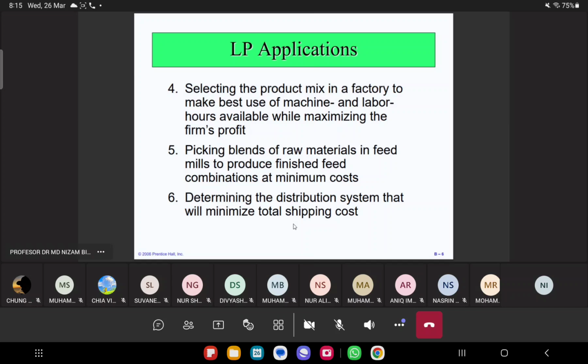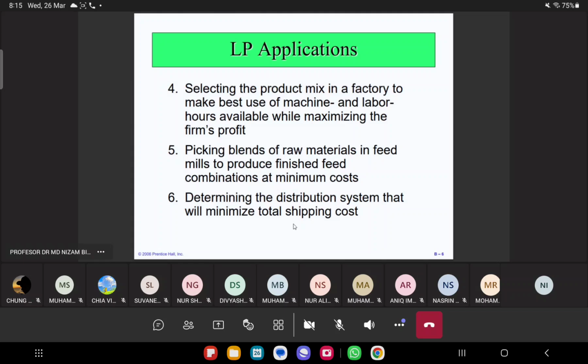So their decisions on how many units, how much volume of each product they should make to maximize profit, can be determined using linear programming methods. Okay.